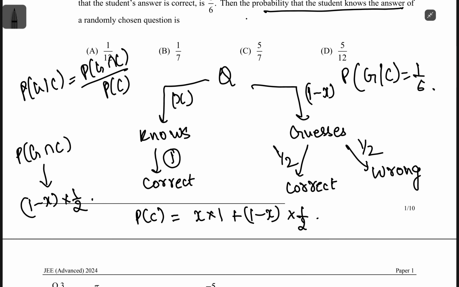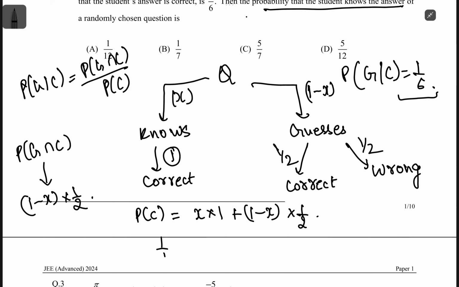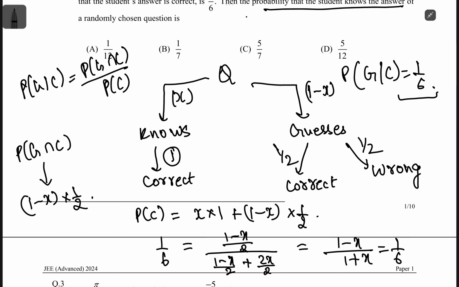And this is given to be 1 by 6. So if I calculate, this should be 1 minus x by 2 upon 1 minus x by 2 plus 2x by 2. So 1 minus x upon 1 plus x is equal to 1 by 6.